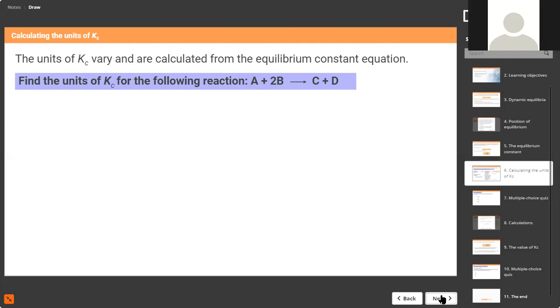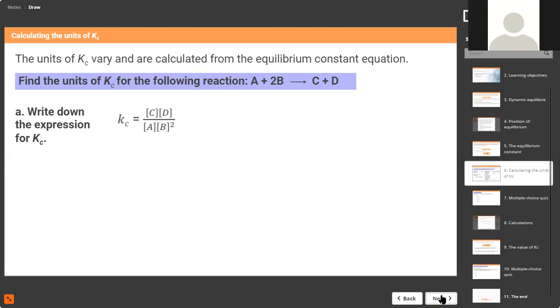So for example, if A plus 2B gave us C plus D, we would need to find the units of the equilibrium constant. So we would write down our expression for the equilibrium constant again.